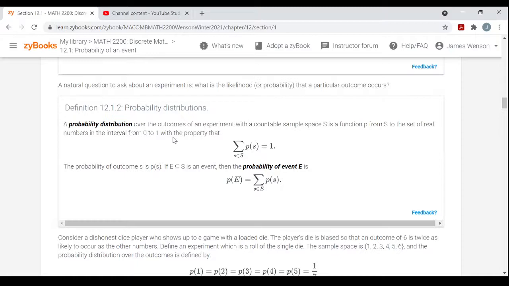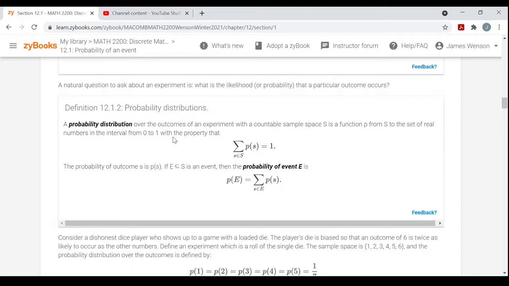And you may have heard this before, right? The probability that an event occurs can be anything from 0 to 1. If the probability of an event is 0, that means that event can't happen. And if the probability of an event is 1, that means that event is guaranteed to happen.